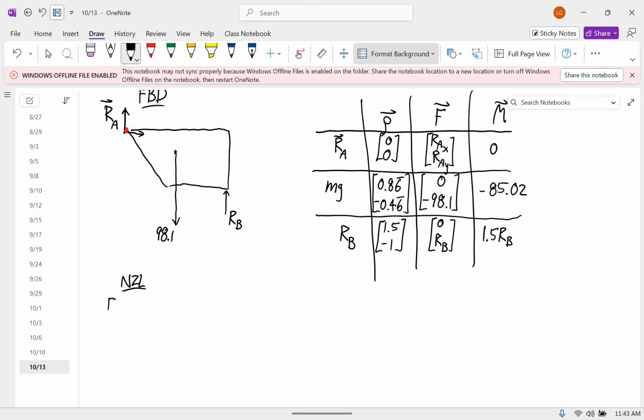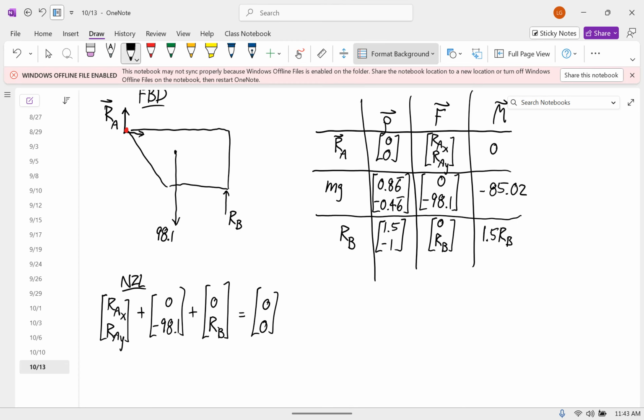Newton's second law says RAX, RAY plus 0, negative 98.1 plus 0, RB is equal to zeros. And the moment equation says negative 85.02 plus 1.5 RB is equal to 0.